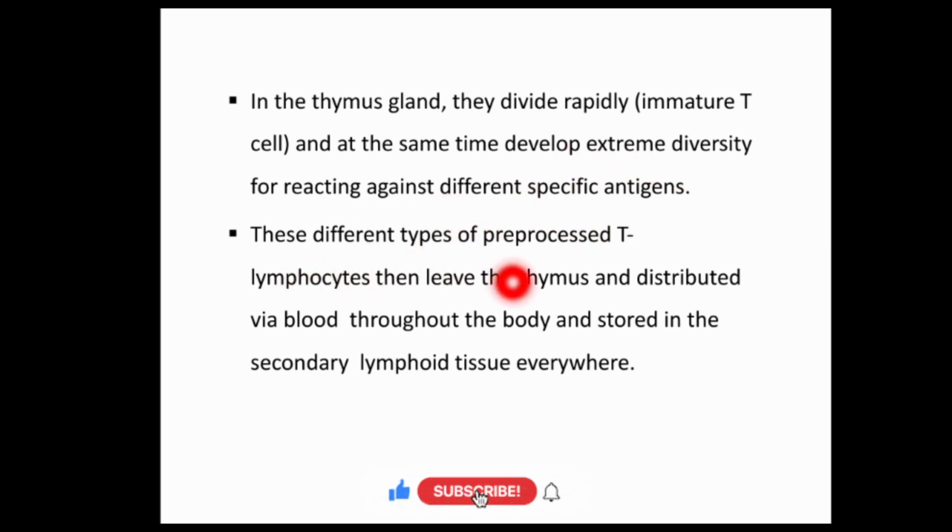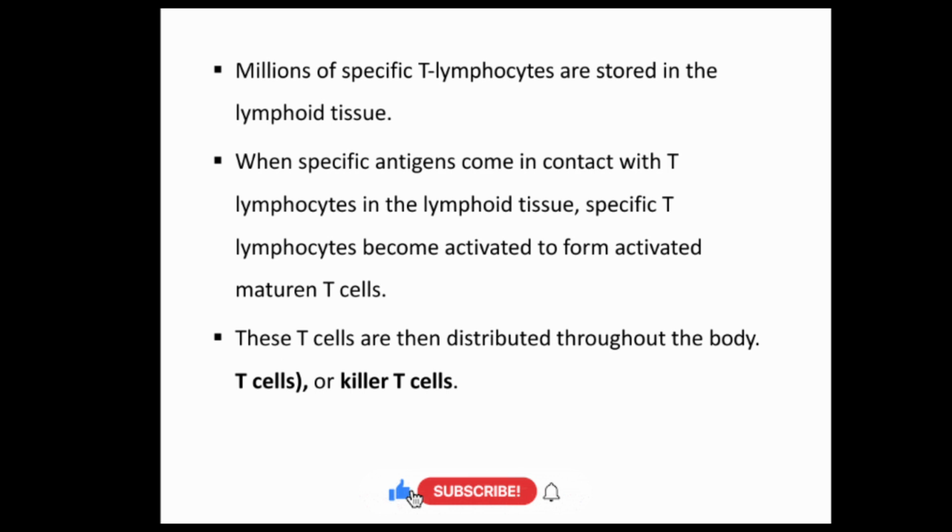The different types of processed T lymphocytes then leave the thymus and are distributed via blood throughout the body and stored in the secondary lymphoid tissue everywhere. Millions of specific T lymphocytes are stored in the lymphatic tissue.